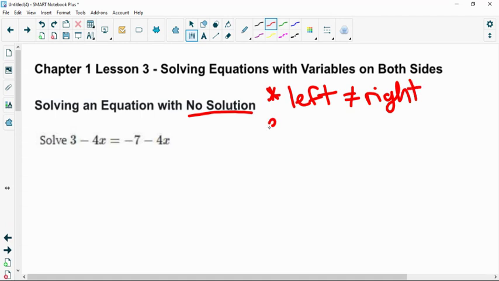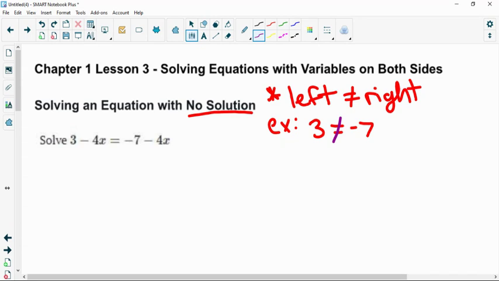For example, when trying to solve the equation, you could get something that says 3 equals negative 7. Well, if I have $3, that is not the same thing as owing my friend $7.